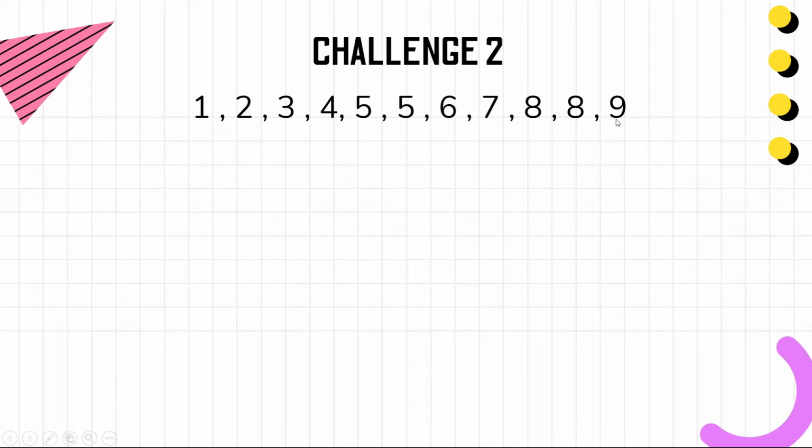Now, how do we obtain the middle part or the median of these given numbers? First, why did I ask for the median on this topic?